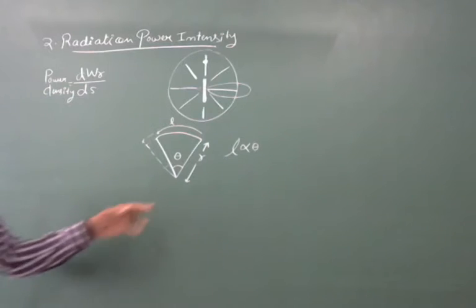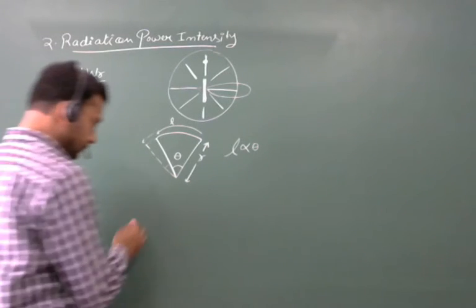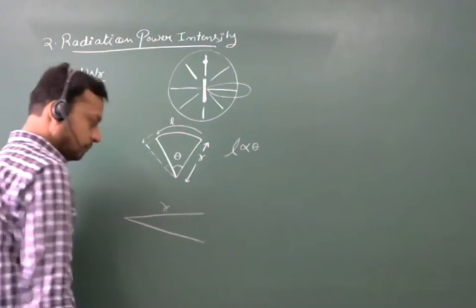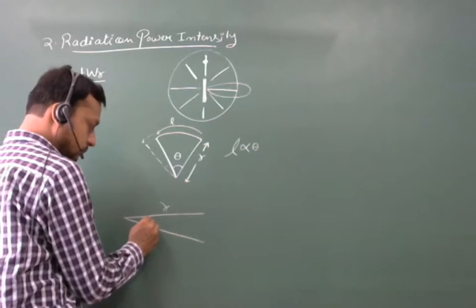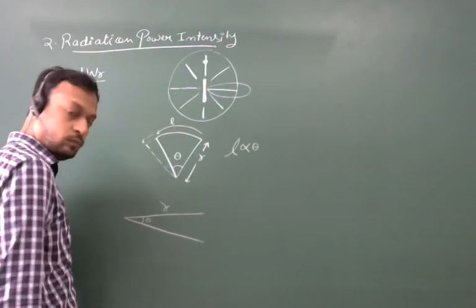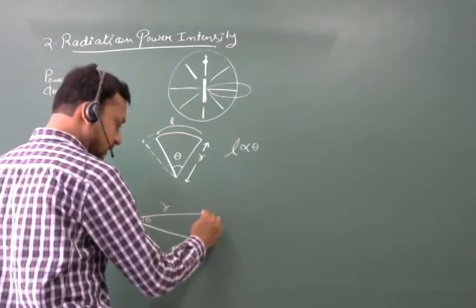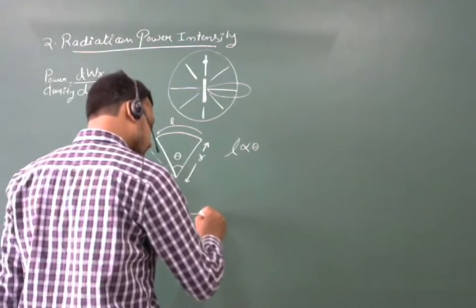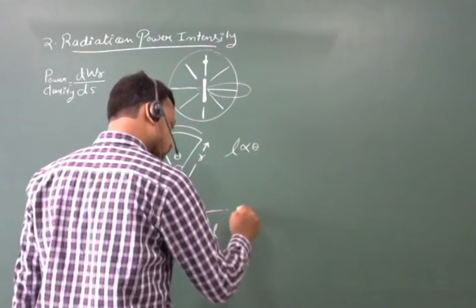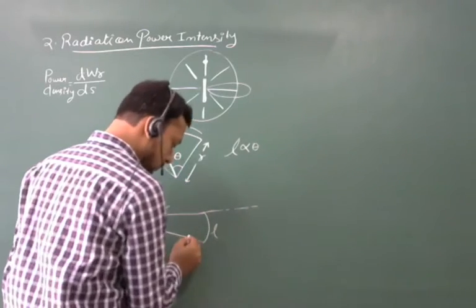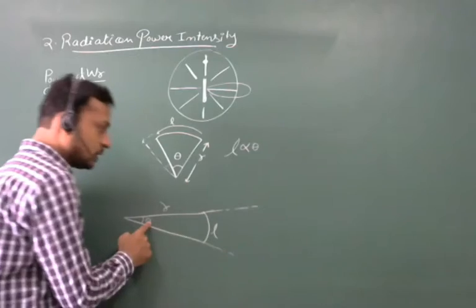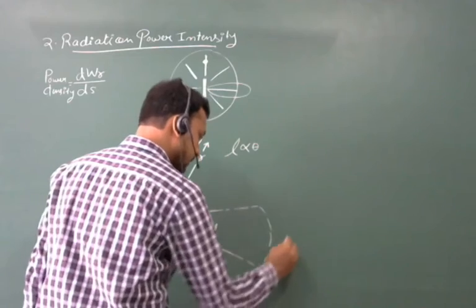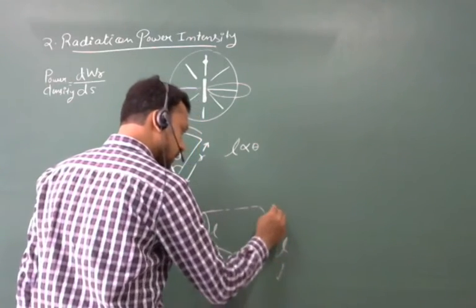So, if we increase this radius, say this is radius r, and this is angle theta. Now here the length is L. Now we further increase the radius, keeping this angle constant. So this will be the new length.